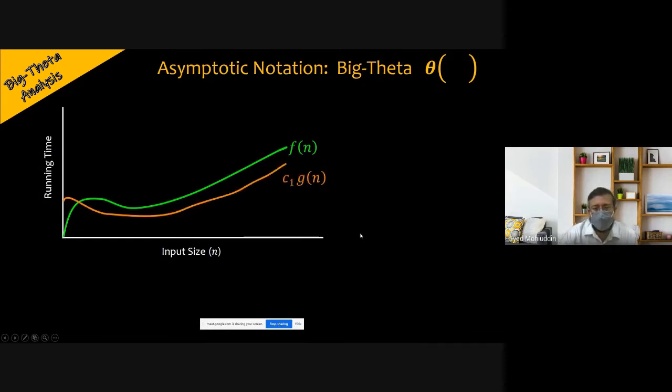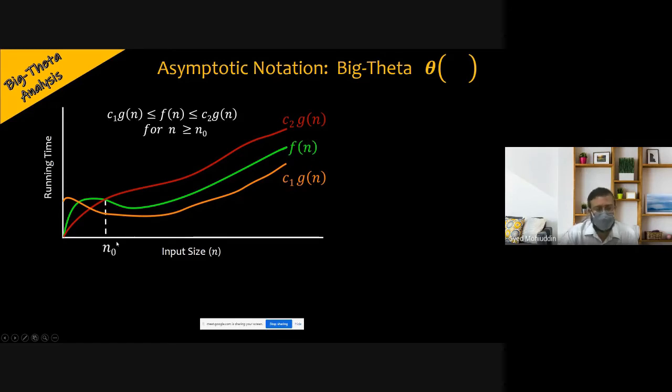Now we have another function g of n, with constant c1. This is lower. So f of n is greater than c1 g of n, which means this is the omega notation. In the same way, if there is the same function g of n with a constant c2, it is greater than the f of n function for some input n0, where n0 should be greater than some value.